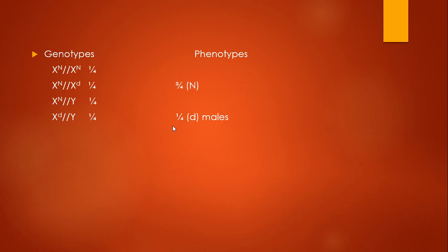In case he was affected, he definitely will be a male. So there is no chance for this couple to have any affected female. The affected individuals for this couple will only be males.